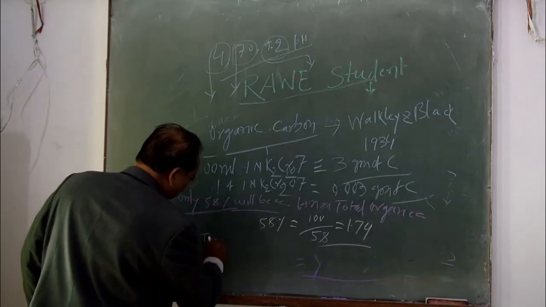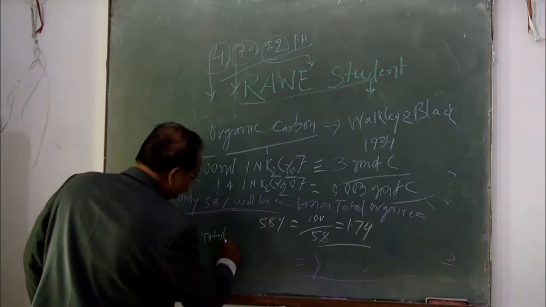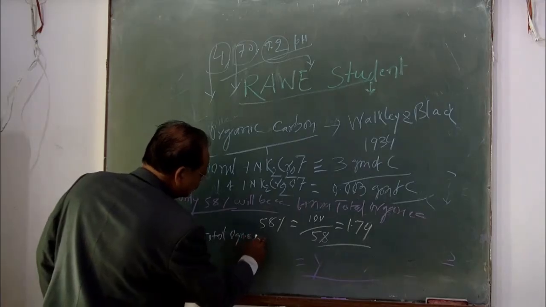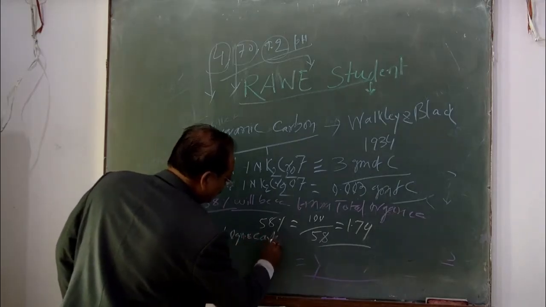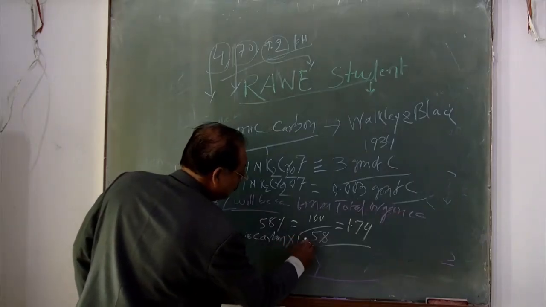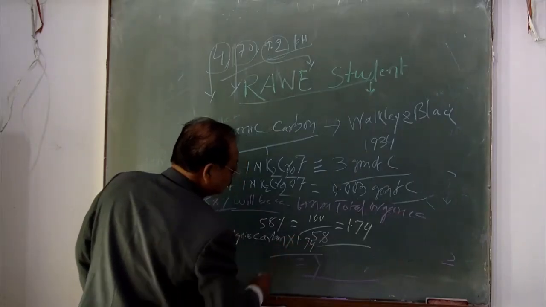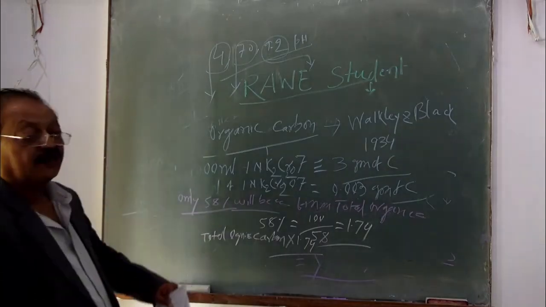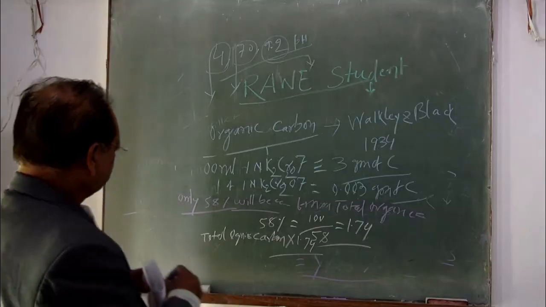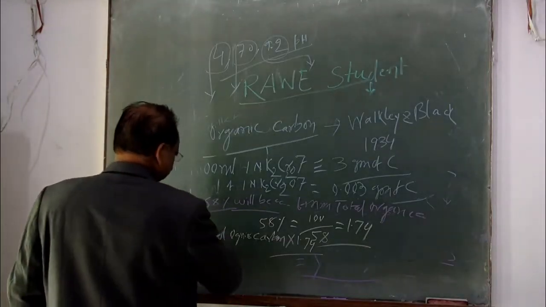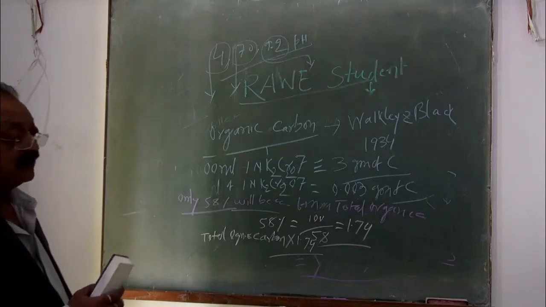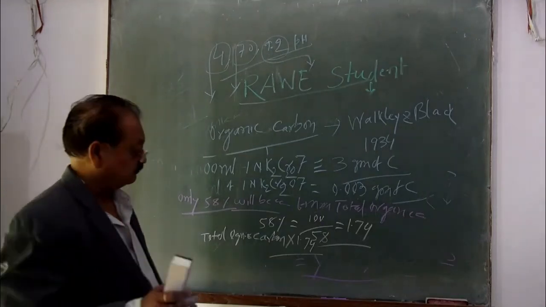Total organic carbon content multiplied by 1.74 is called the total organic matter content of the soil. So this is all about the organic carbon determination process of the soil samples.